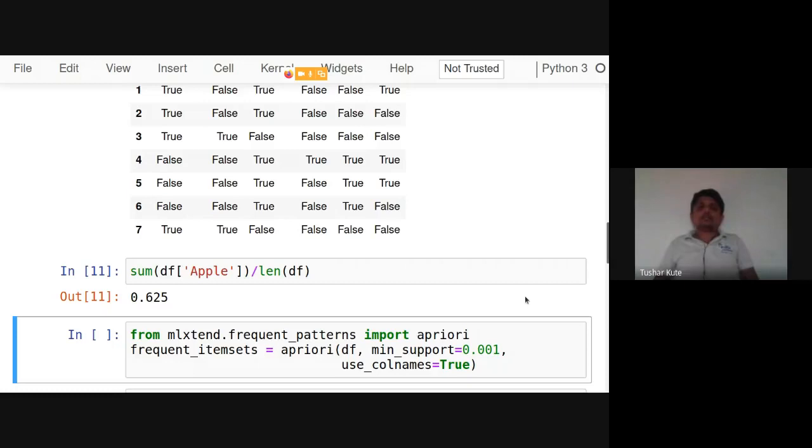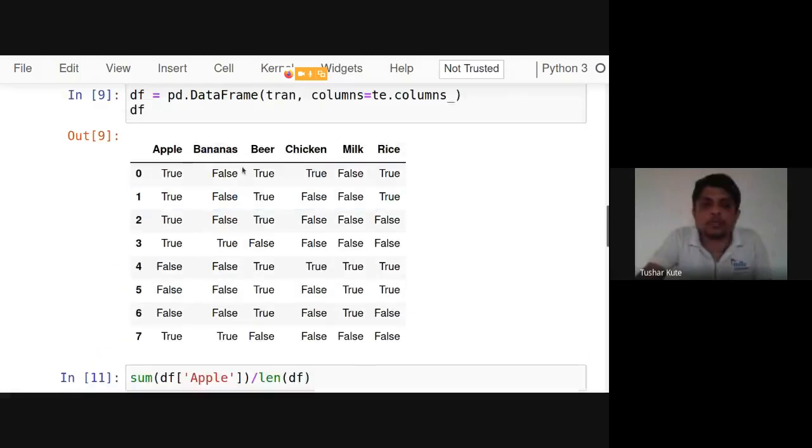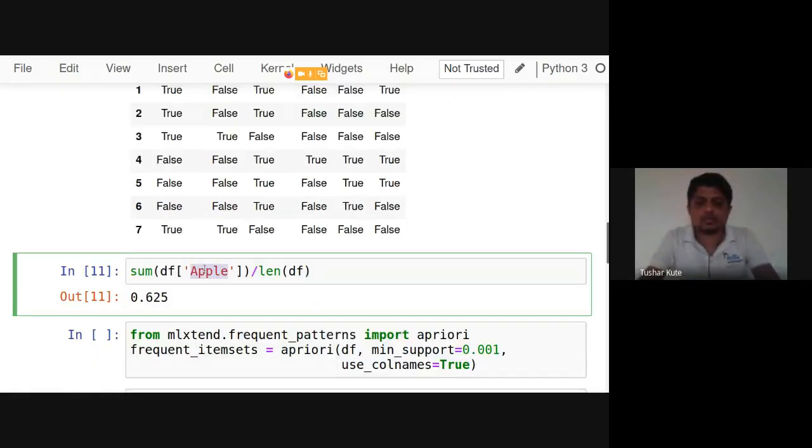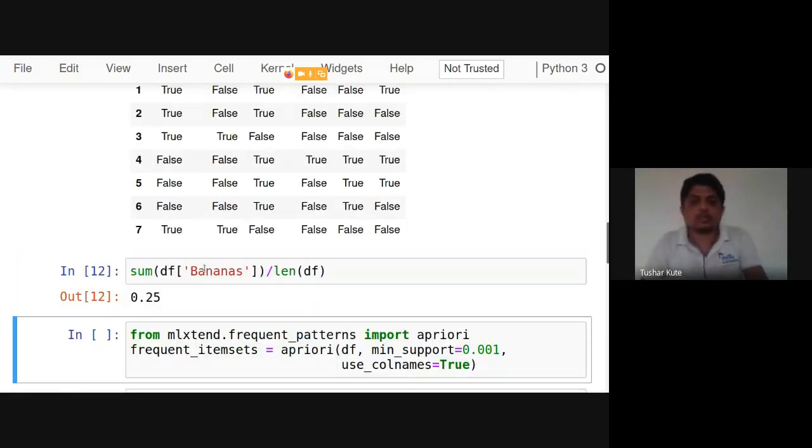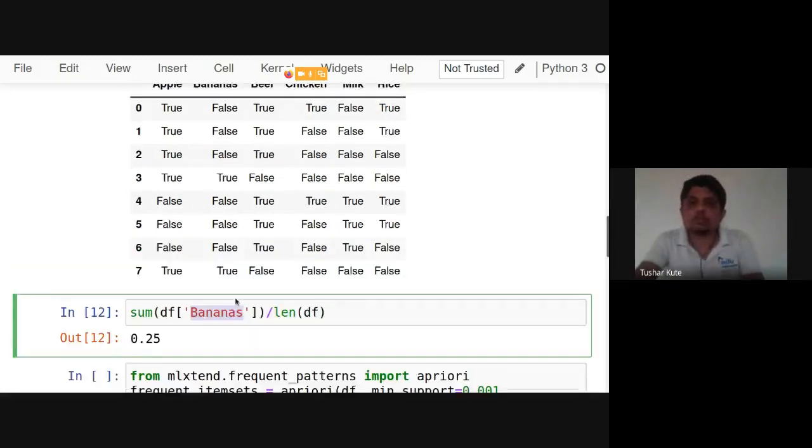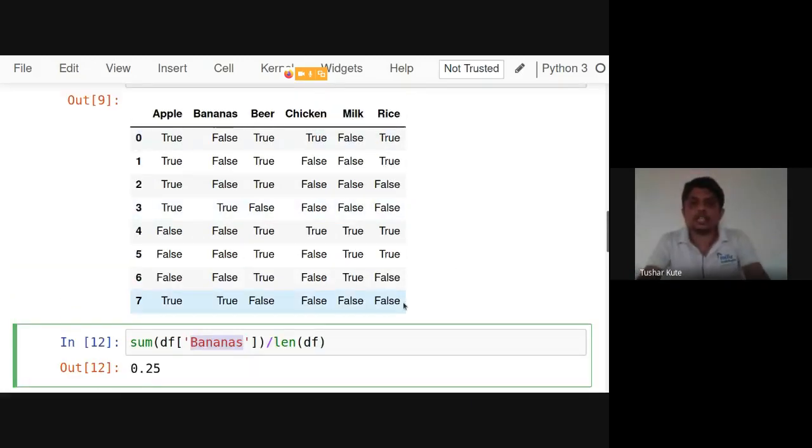Even we can apply this step separately to a particular item, but it's a different function that we can use. So this is the support of apple. I want to find the support of bananas: 0.25, correct? Support of, let's say, milk.